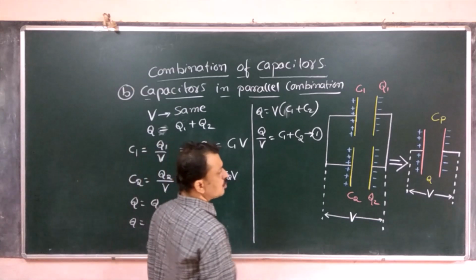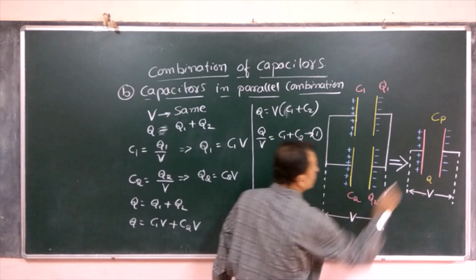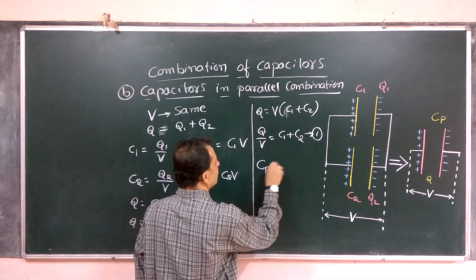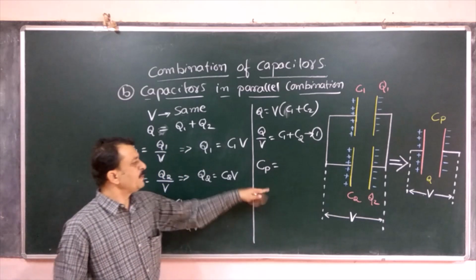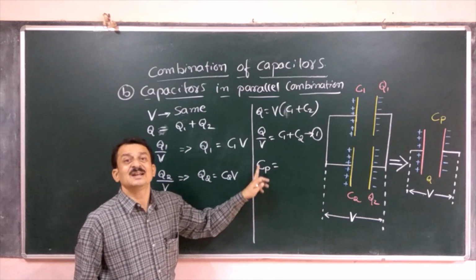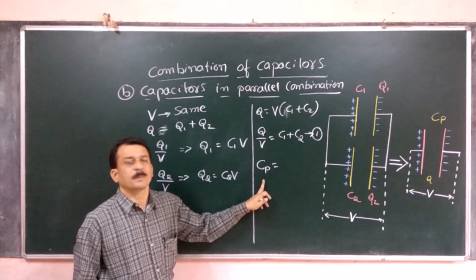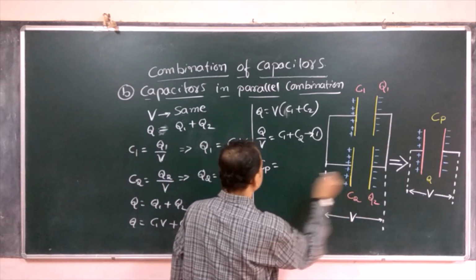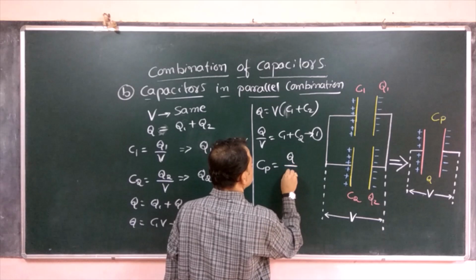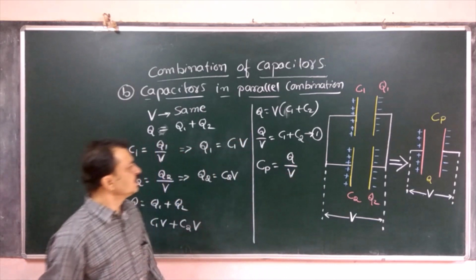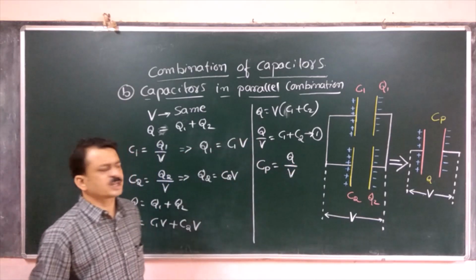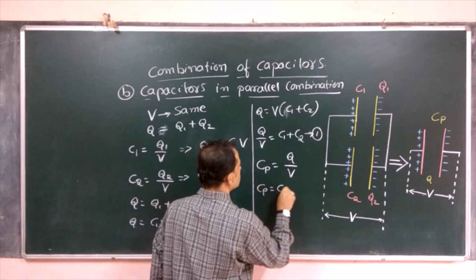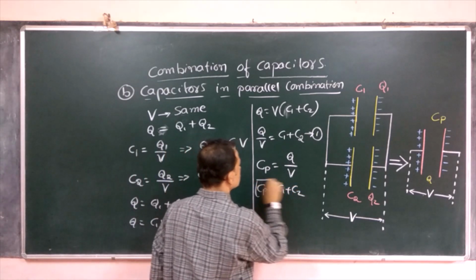Okay. Now from this equivalent diagram, the capacitance of the equivalent capacitor we write as Cp, where P corresponds to the parallel combination, the effective capacitance in parallel combination. So Cp is equal to the same formula, the charge divided by the voltage. Substituting equation 1, Cp is equal to C1 plus C2.